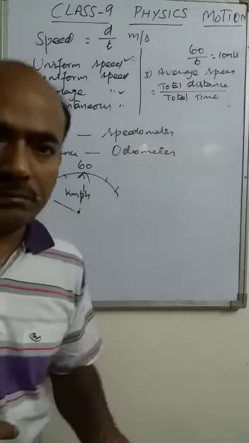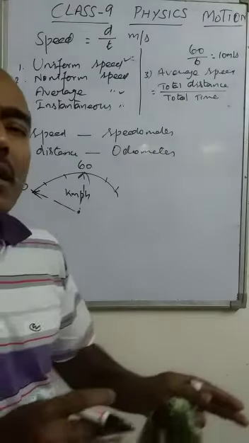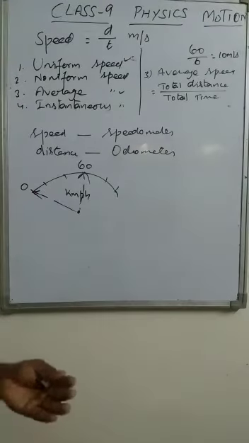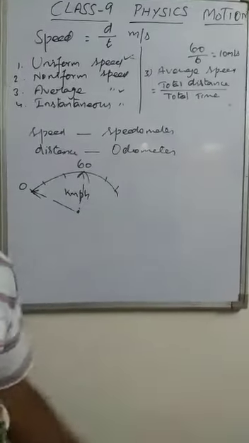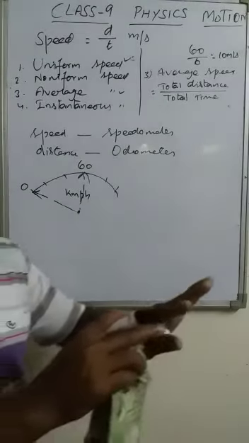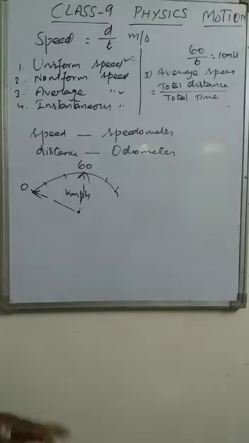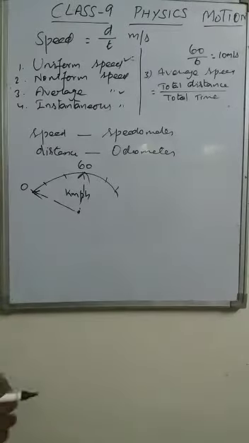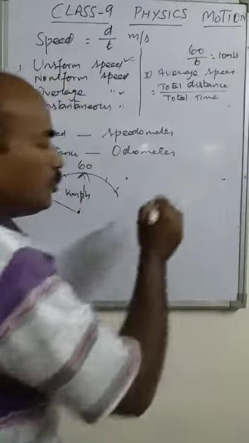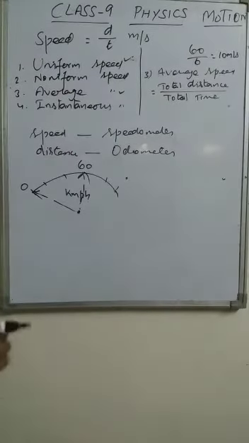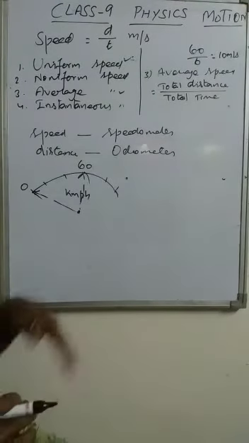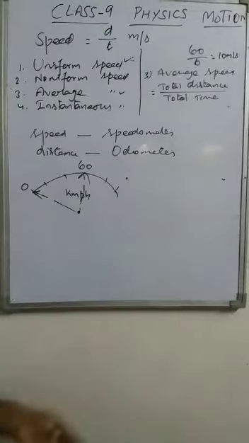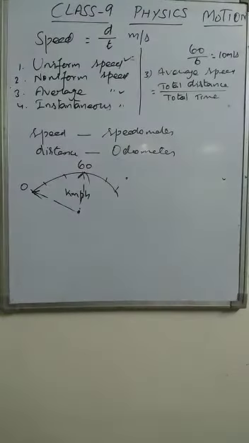Whenever we are going in our vehicle through a crowded place, sometimes you find more crowd, some other place less crowd, some other place it is traffic free. In all the cases, you ride the vehicle with a different speed. So between these 2 points, your motion will not be with the same speed. Sometimes the speed is greater, sometimes smaller, greater, smaller. In that way, the speed continuously changes. So your motion is non-uniform.